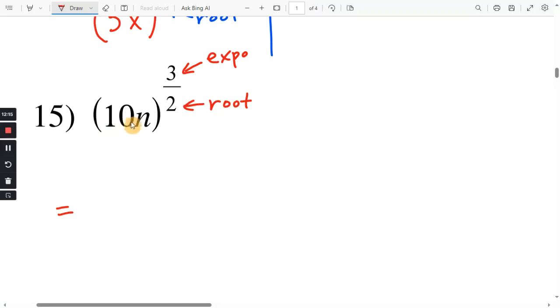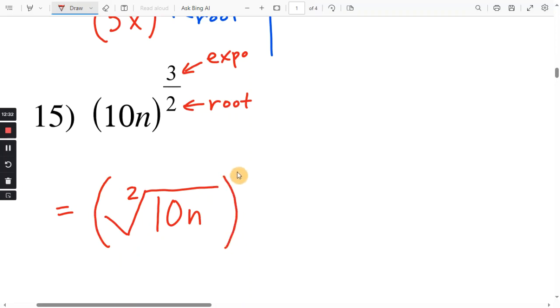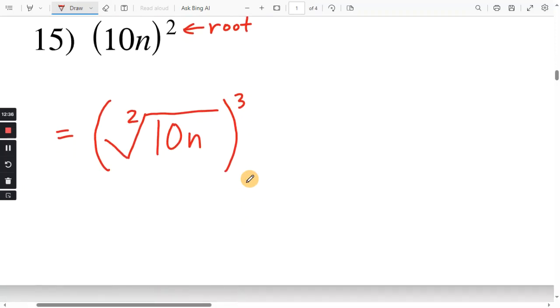We have 10n inside parentheses, so now we're going to do 10n underneath the radical symbol. All right, the root is just 2, and the exponent is 3. Now, remember we said at the beginning when it's root 2, you don't need the 2.